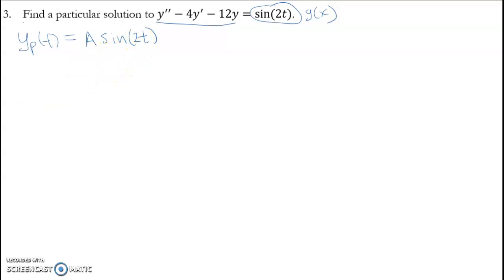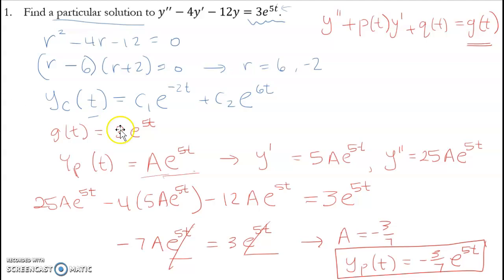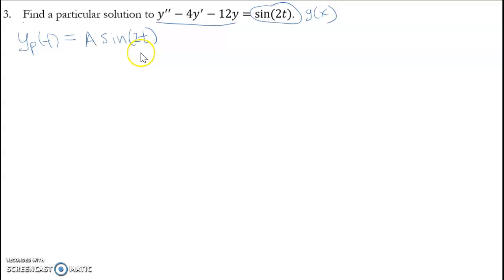Fortunately for us, if you go back to problem 1, our guess of a times e to the power of 5t worked out because we got a nice clean constant, which was -3/7. So we'll see if that's the case for this problem too.